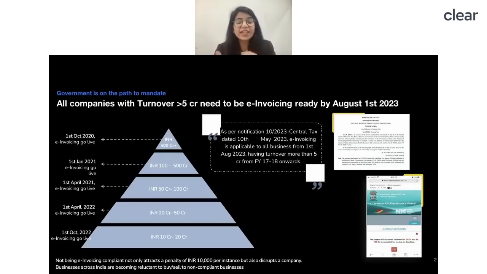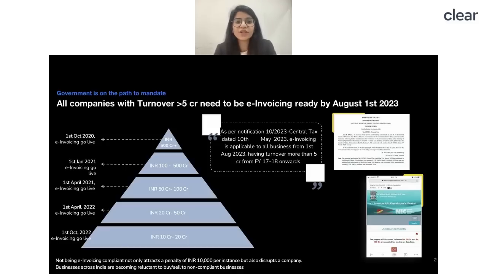Then they again reduced this limit. So finally, on 1st April 2021, if your turnover was more than 50 crore, e-invoicing was applicable to you from 1st April 2021.